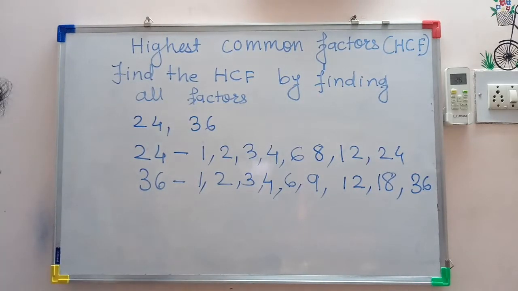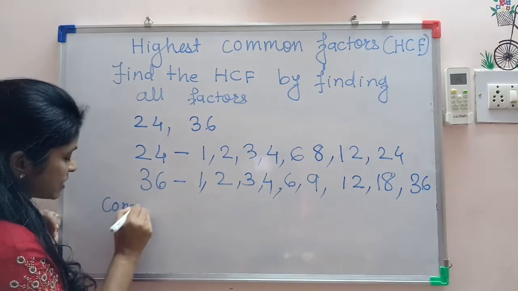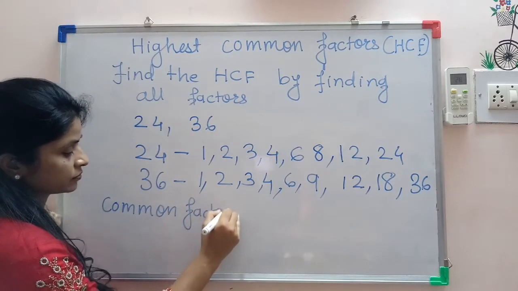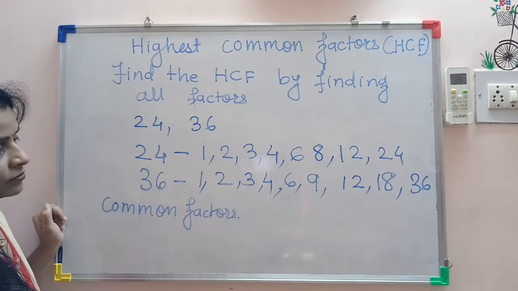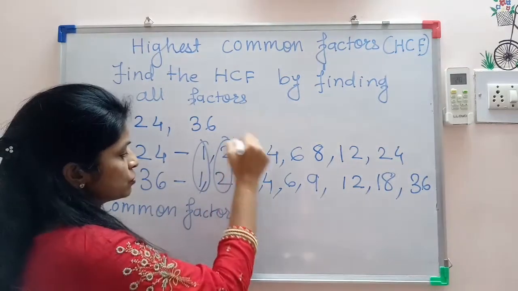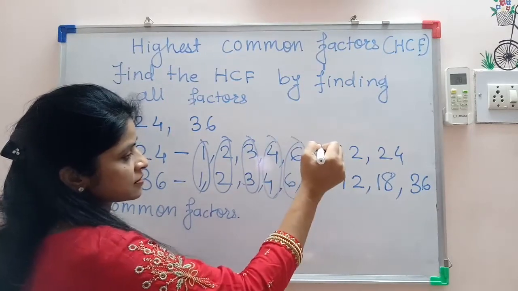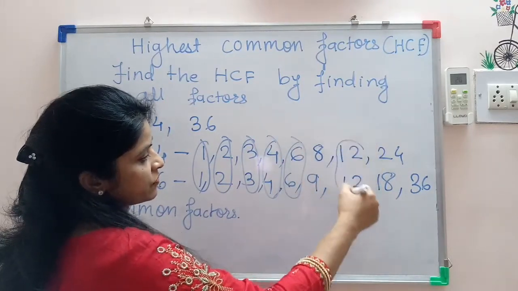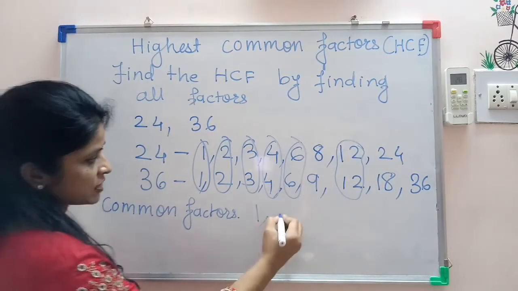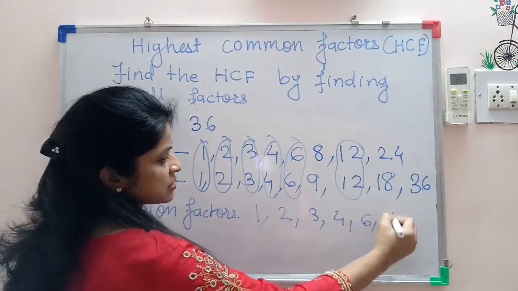Now students, next we have to list the common factors. What are the common factors? 1, 2, 3, 4, 6, 12. So we'll write common factors 1, 2, 3, 4, 6, 12.